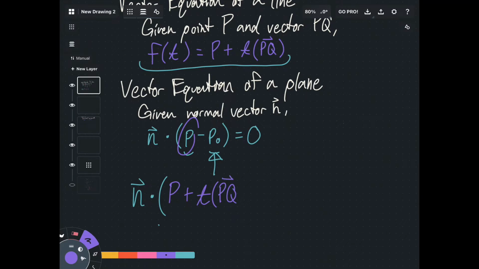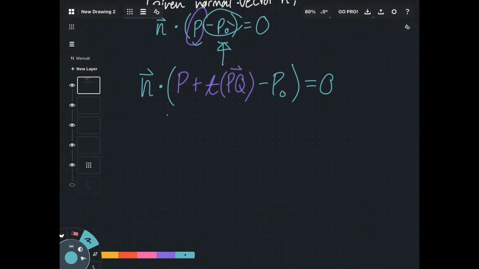This is just the same as the line equation because we're literally plugging and chugging here. But then we have to put this part back in. So it's minus P naught, which is the point that we've selected on the plane, equals 0. And okay, cool. Now we have mushed our equation of the line into the equation of the plane.